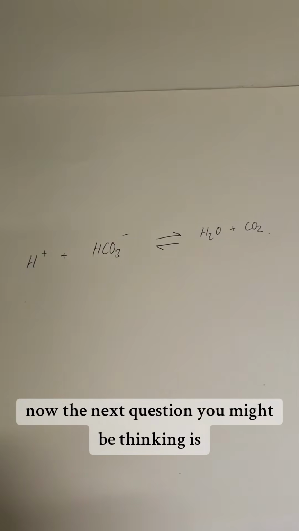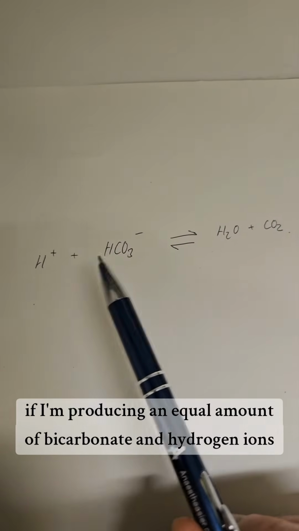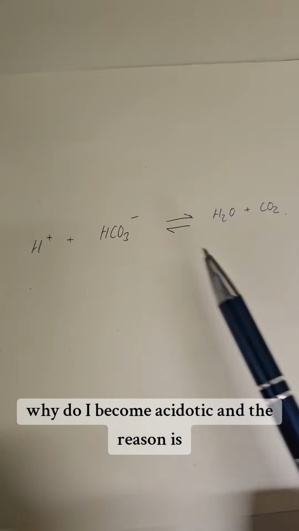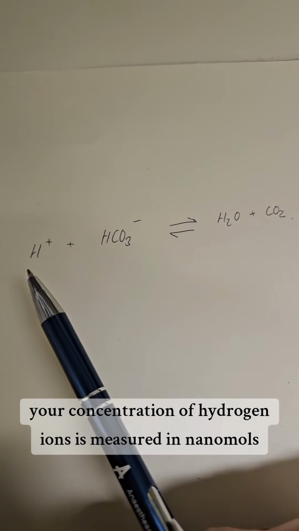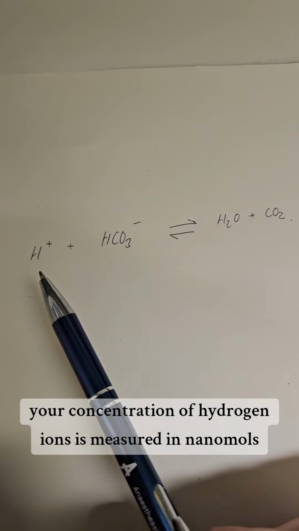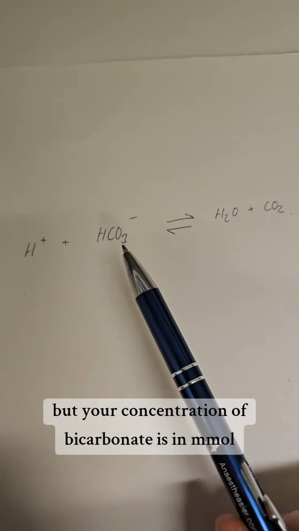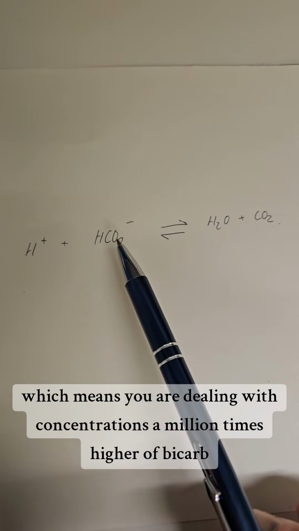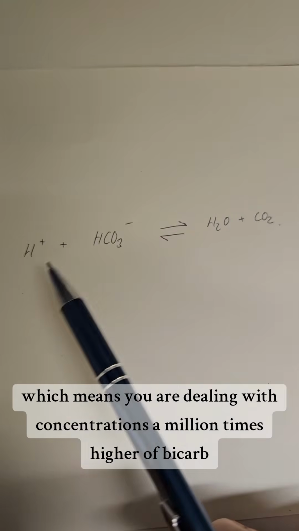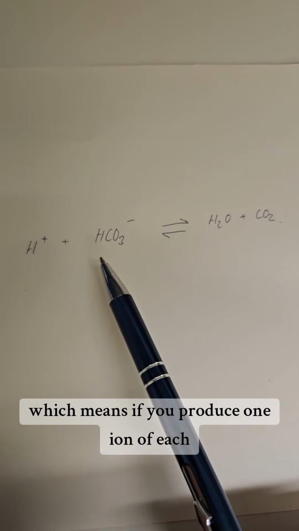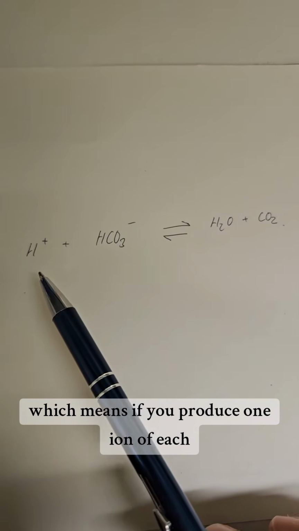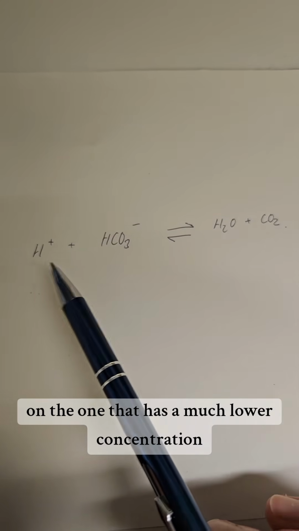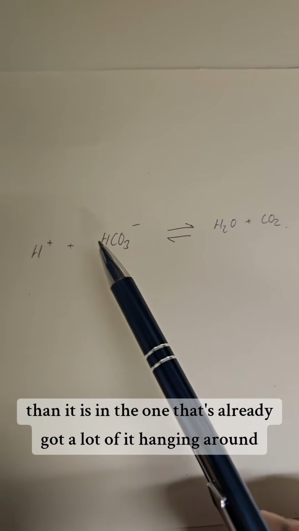Now, the next question you might be thinking is, if I'm producing an equal amount of bicarbonate and hydrogen ions, why do I become acidotic? And the reason is your concentration of hydrogen ions is measured in nanomoles, but your concentration of bicarbonate is in millimoles, which means you are dealing with concentrations 1,000,000 times higher of bicarb than you are of hydrogen ions, which means if you produce one ion of each, it's going to have a bigger impact on the one that has a much lower concentration than on the one that's already got a lot of it hanging around.